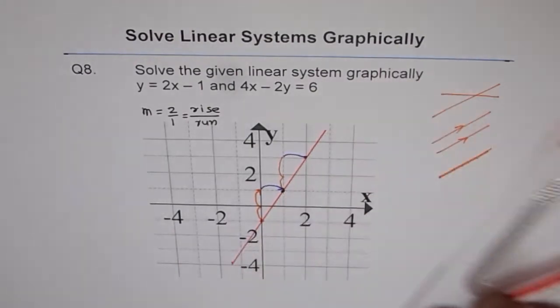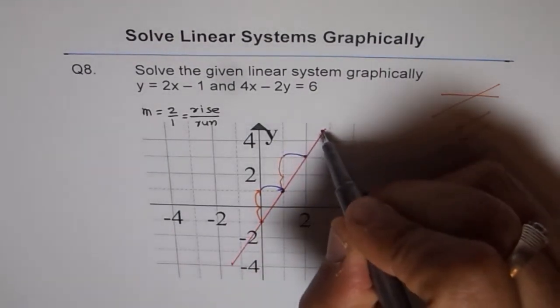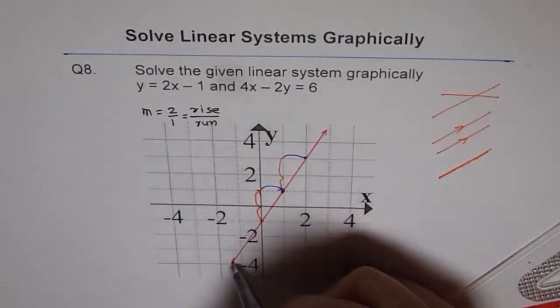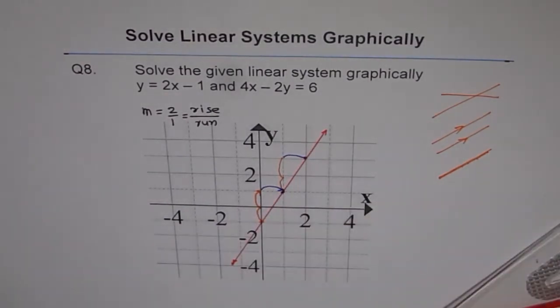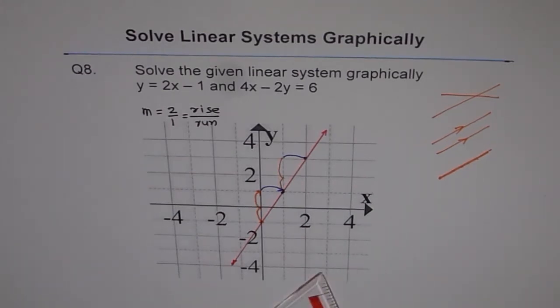Graphical solutions may not be very accurate, because sketching lines is kind of tricky. If I moved a bit here and there, the line will go way off, right? Now this is our first line.